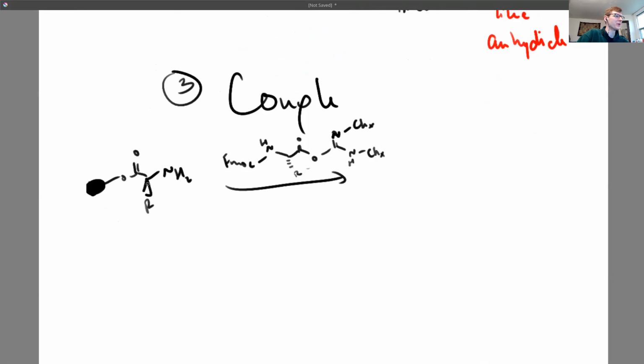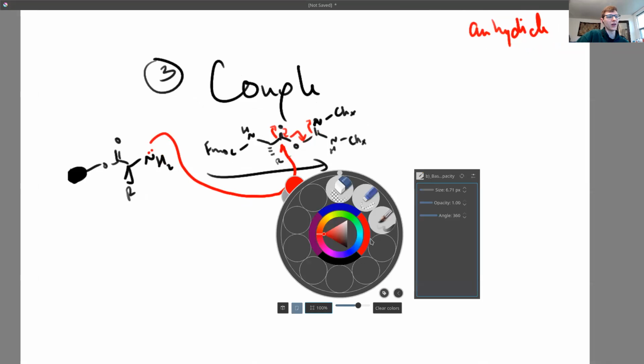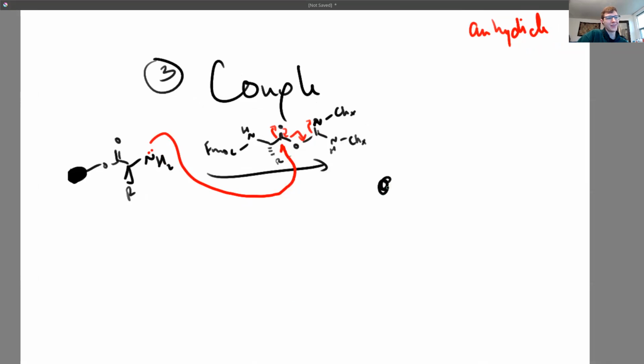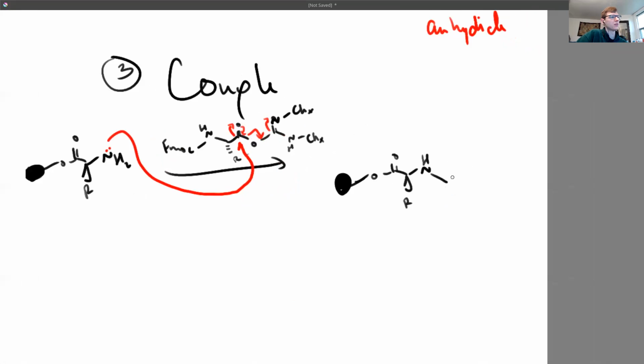And finally, we can just do this: come in, kick these electrons up, kick them back down, and then send this leaving group on its way. And now finally, after all that confusion, we've added a second group. We formed an amide.